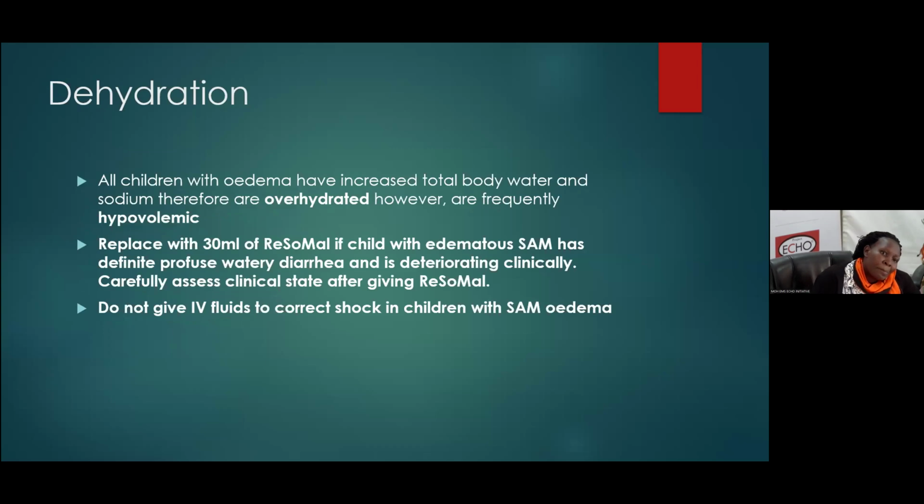Now, most children with severe acute malnutrition who have edema are actually overhydrated, and they are less frequently hypovolemic. But in our thinking, sometimes they come in and you think, oh yeah, they are dehydrated.